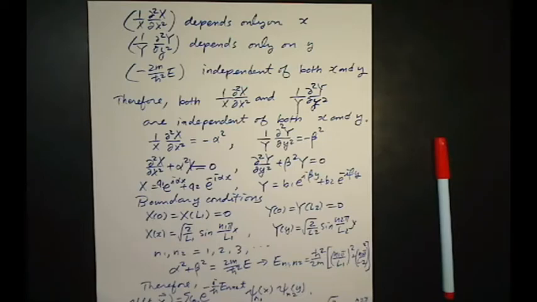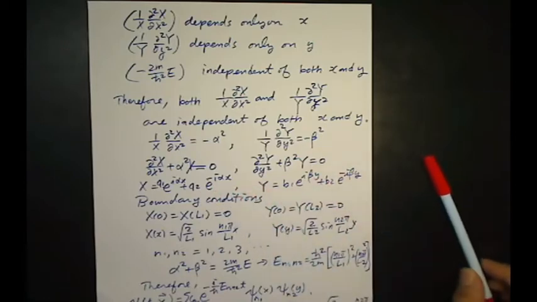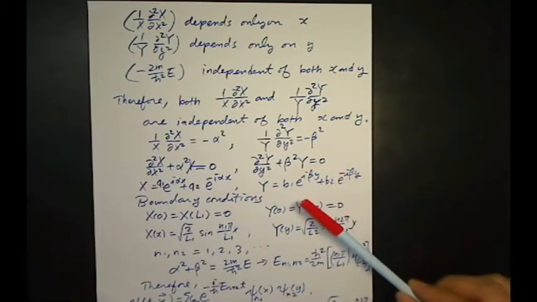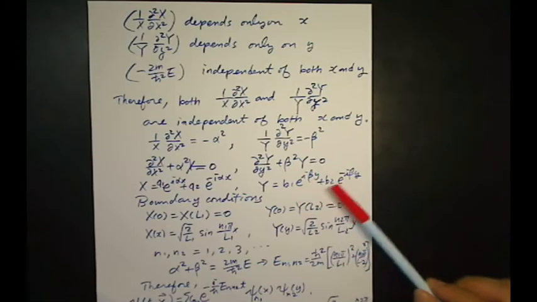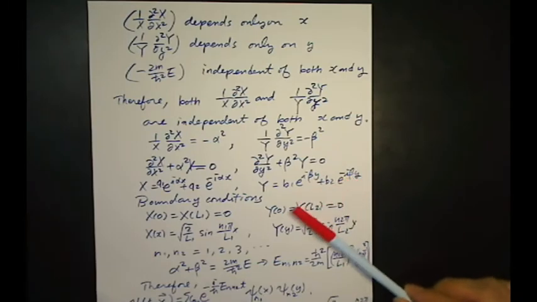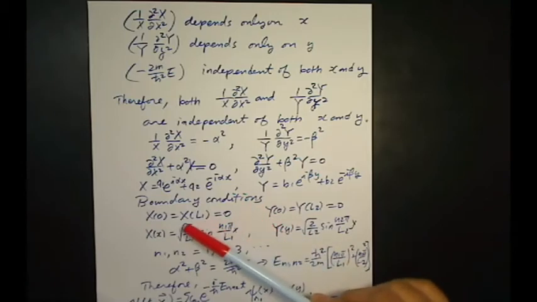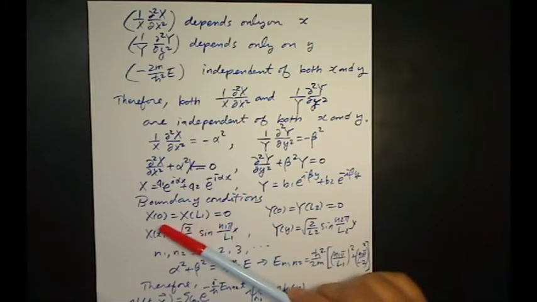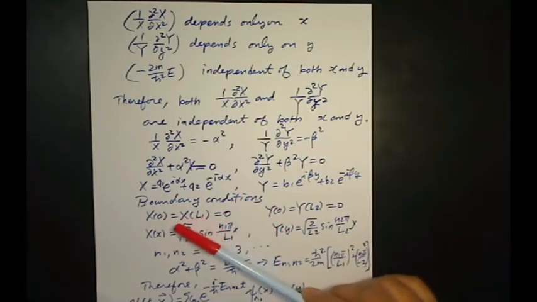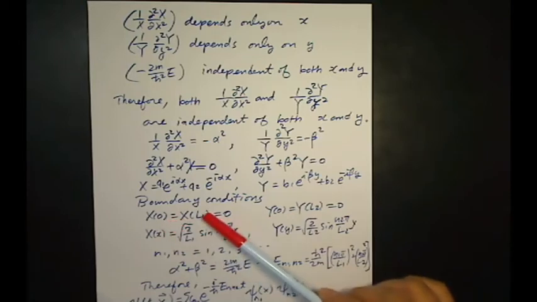They can be solved as a linear combination of exponential i alpha x and exponential minus i alpha x. In the case of y, we have a similar linear combination. The boundary condition for this problem in the box means the x wave function vanishes at both endpoints.